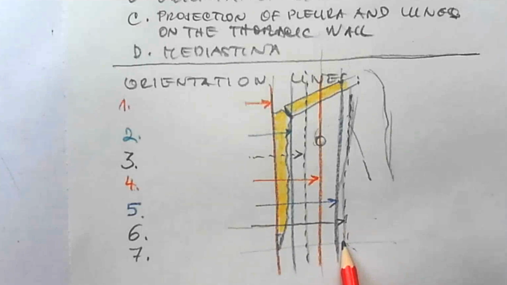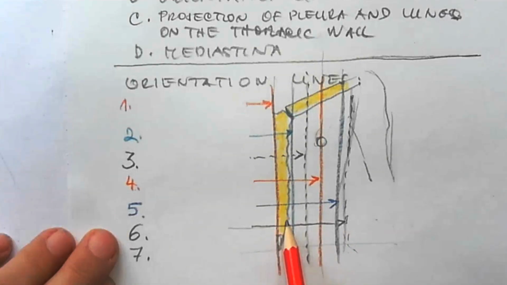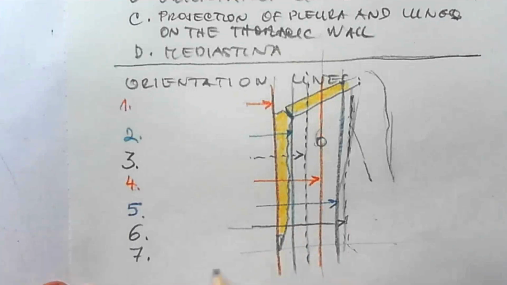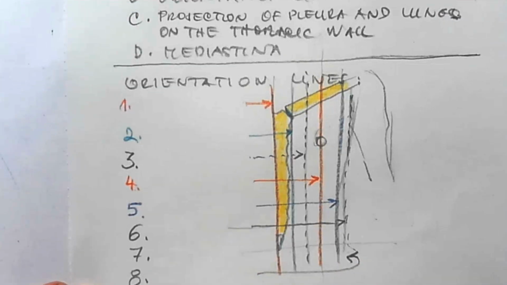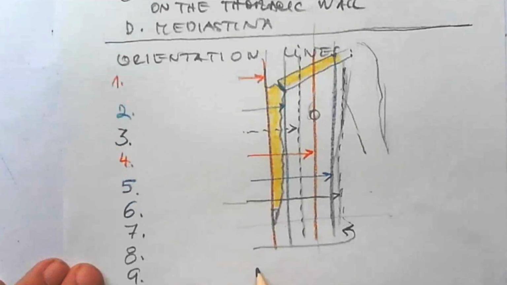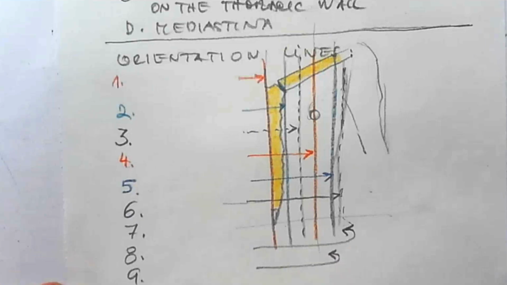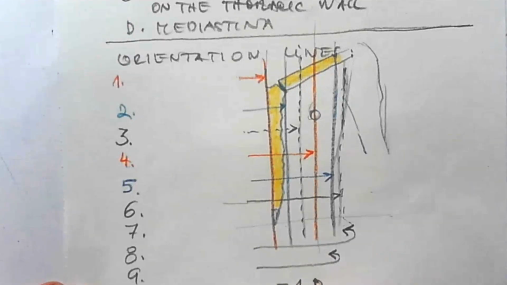Anterior, no, must be middle. 5 would be anterior, 6 is the medial, then posterior, and then number 8 would be scapular, so it could be on the back side. Then 9 is the paravertebral, would be also on that side but shorter, and number 10 is in fact the same as 1 from the back side.